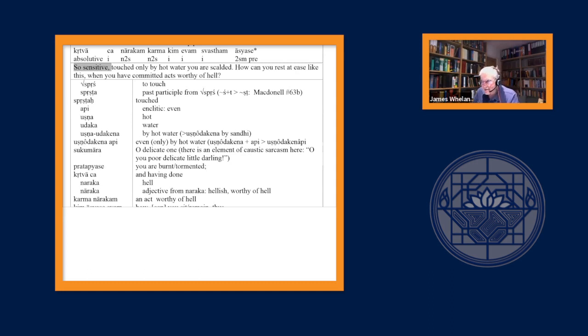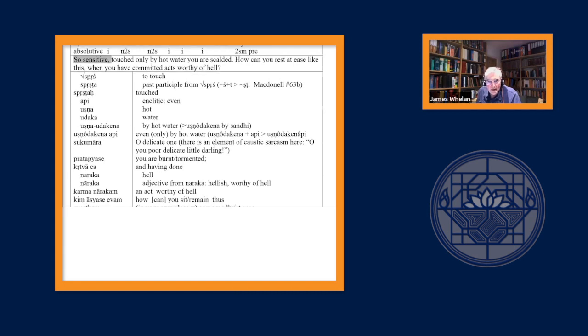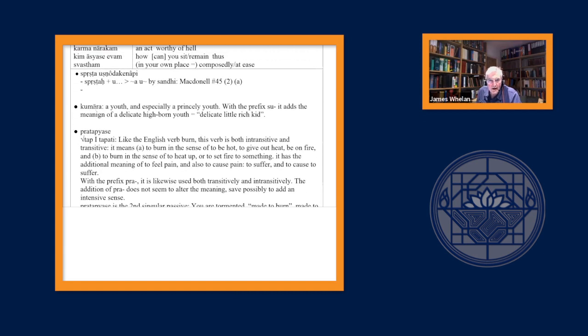So that's why I'm saying don't run off with Sukumara means sensitive. It doesn't. It's just used in that meaning in a rather sarcastic way here. And again, I've analyzed it here. Kumara, you see, Kumara: youth, especially a princely youth.